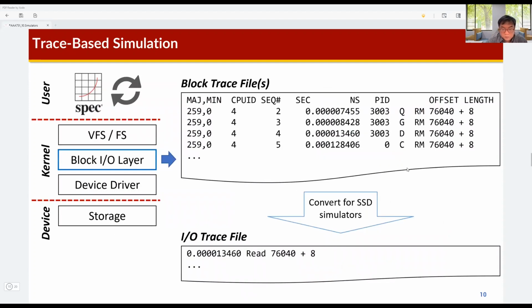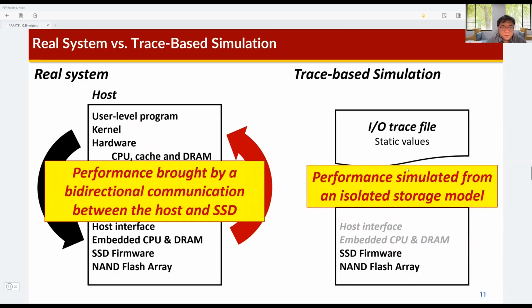So I also explained the trace-based simulation mode. You can find the trace files here, and this trace file is given to the SSD model, and then we can measure the performance of the SSD. But in the real system, as I explained, the timing of the SSD commands can be influenced by the behavior of the SSD.